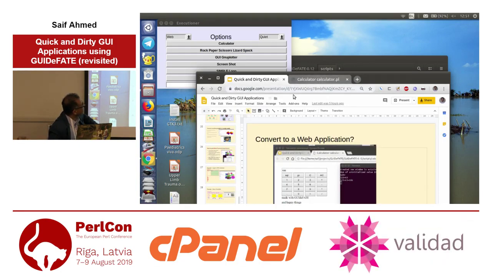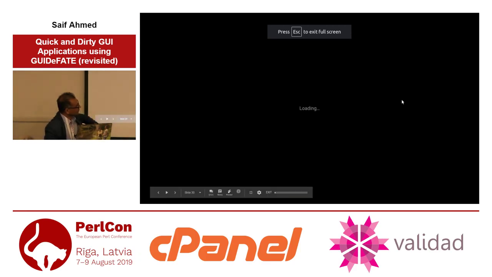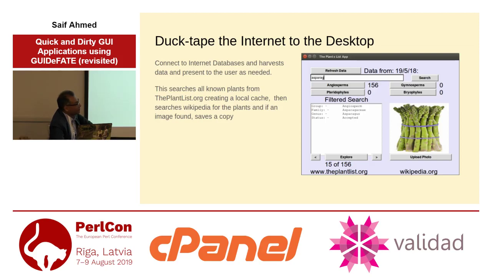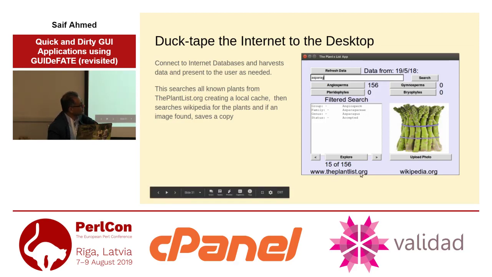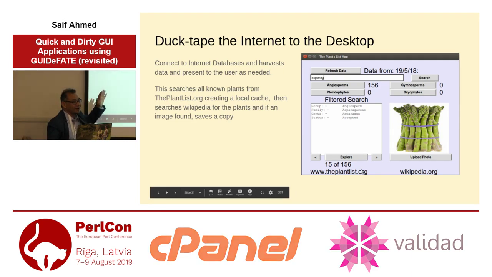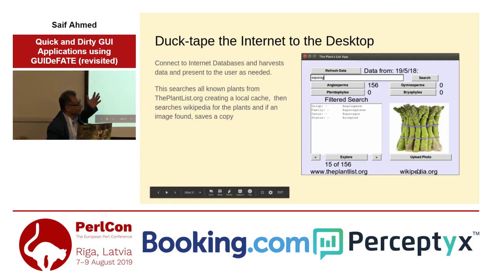So let's get back to the presentation. And you can duct tape various other things. Anyway, essentially here is an application that takes two websites. plantslist.org contains a list of every plant that's been classified by scientists, and Wikipedia has got loads of pictures.